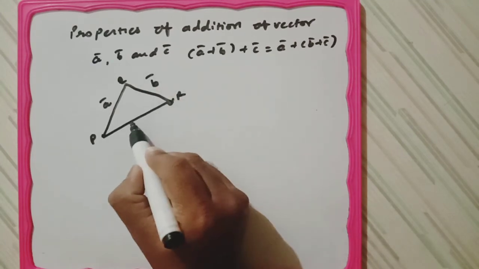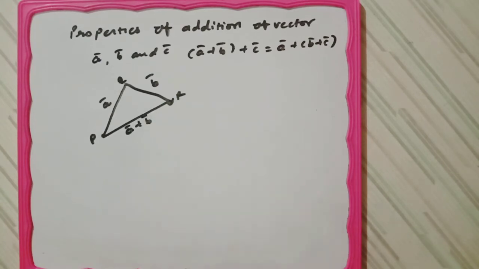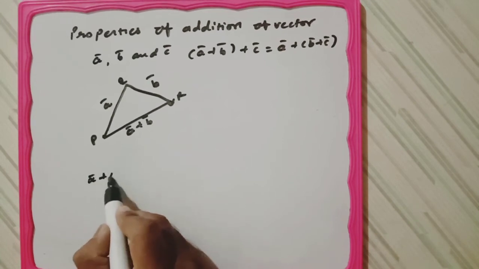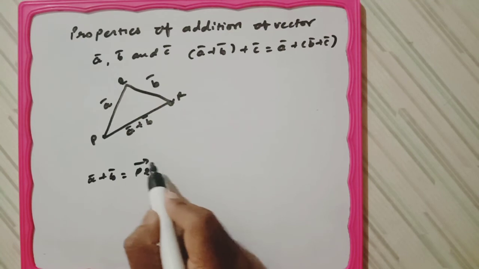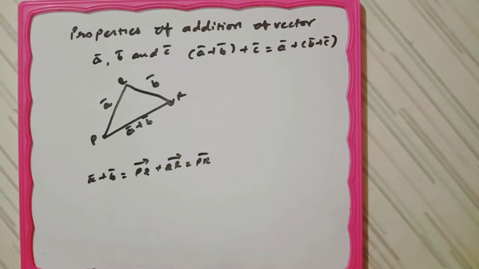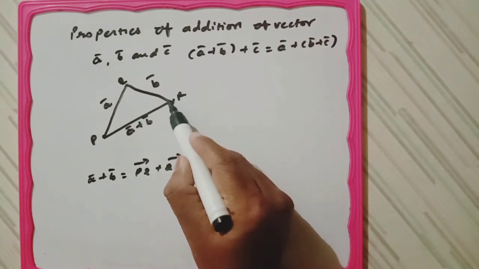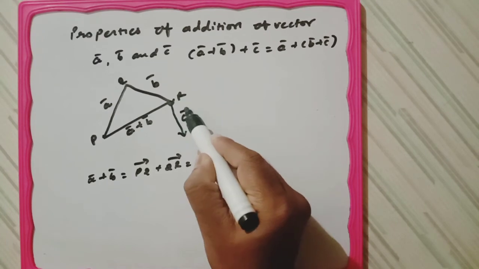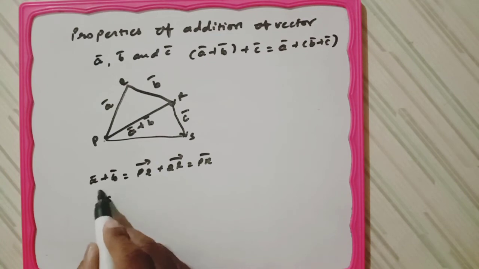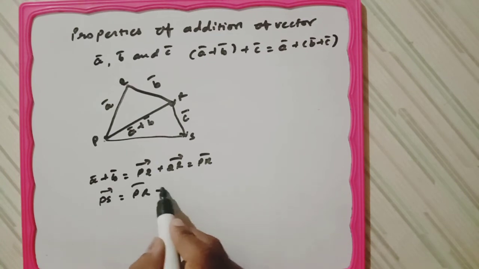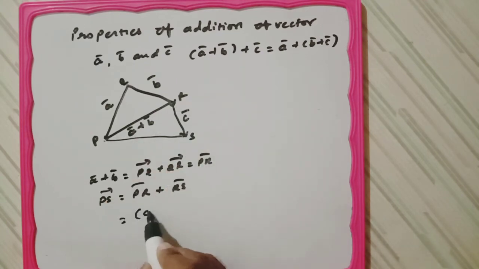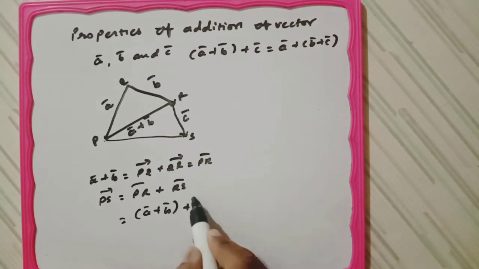Then PR will represent A bar plus B bar, and by the triangle law A bar plus B bar equals vector PQ plus QR, which is PR. Now we take another vector RS with C bar, and then we get vector PS. So vector PS equals PR plus RS by the triangle law, which is A bar plus B bar plus C bar.